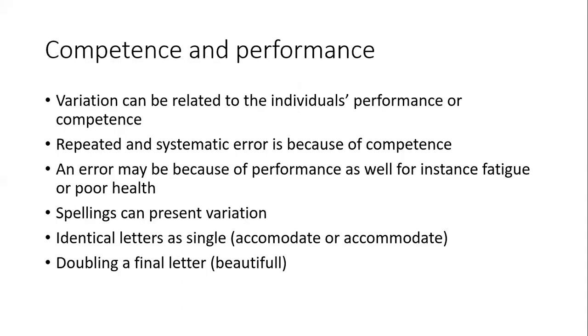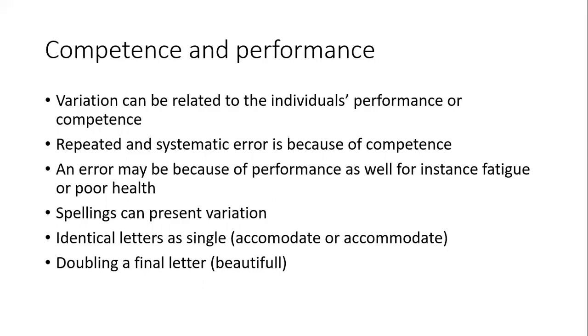Coming towards competence and performance, you all know what competence and performance are. Variation can be related to an individual's performance or competence. Every individual's competence may vary from another's, and performance would eventually be different as well.